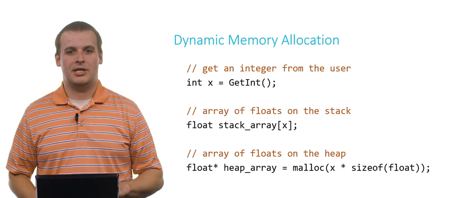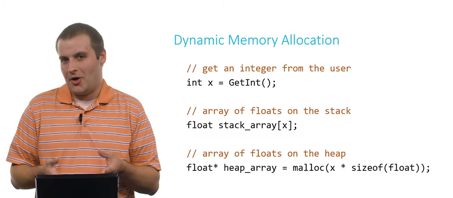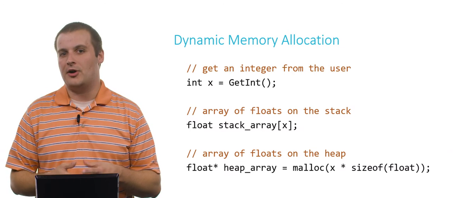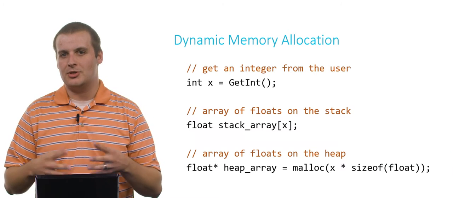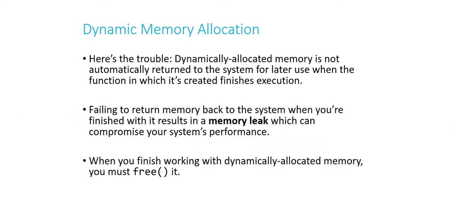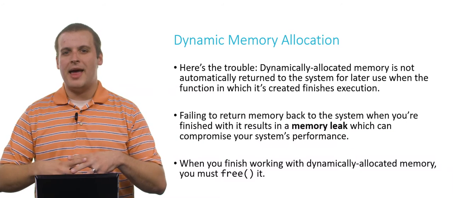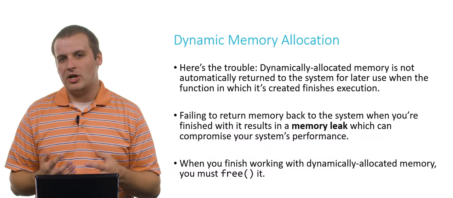So the fact that we're declaring an array of floats on the stack here is actually a bit misleading. We really are, in the second line of code there, also creating a pointer to a chunk of memory that we then do some work with. Here's the big problem with dynamically allocated memory, though, and this is why it's really important to develop some good habits when you're working with it. Unlike statically declared memory, your memory is not automatically returned to the system when your function is done.